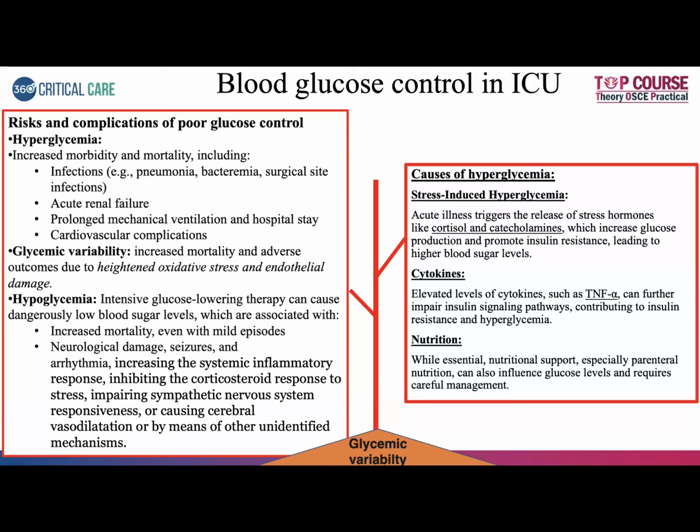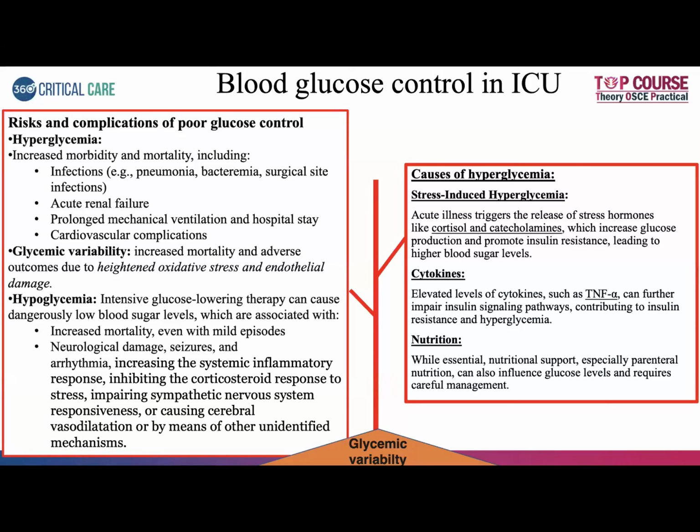Okay. So causes of hyperglycemia in the ICU could be due to three factors. One, stress per se. It increases cortisol and catecholamines. So there are high counter-regulatory hormones that are increased, and there will be insulin resistance. So this is one mechanism.